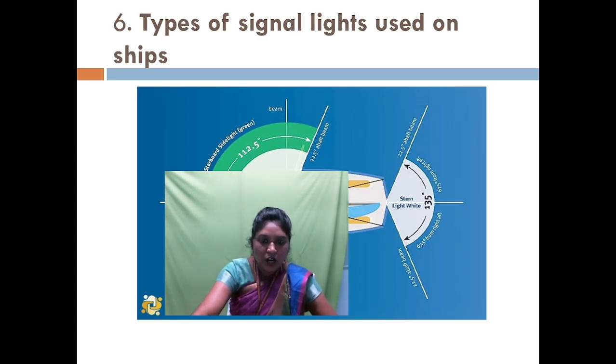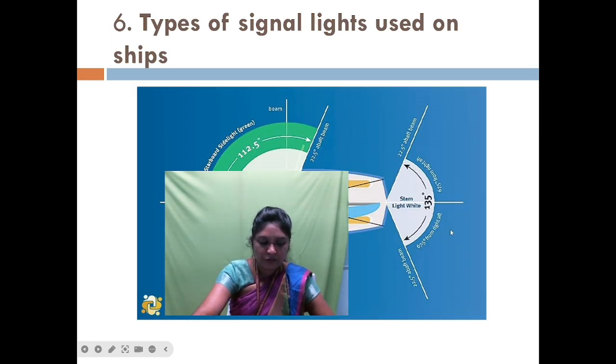The green light on the starboard side generally carries an arc of 112.5 degrees, and on the other side, the port side, the red light also covers a 112.5 degree angle. They should have visibility of around 3 miles. Both the side lights, port and starboard, should cover a distance of around 3 miles.